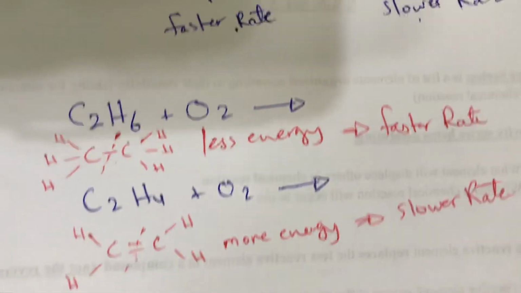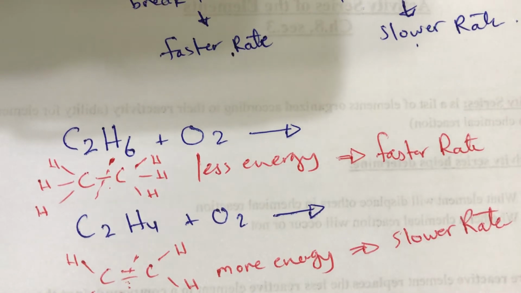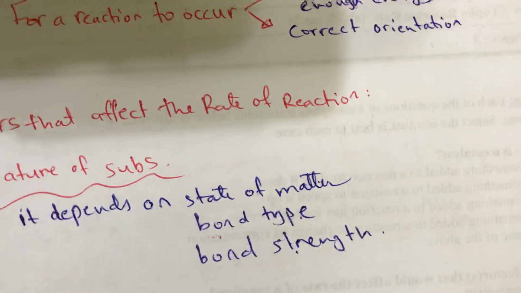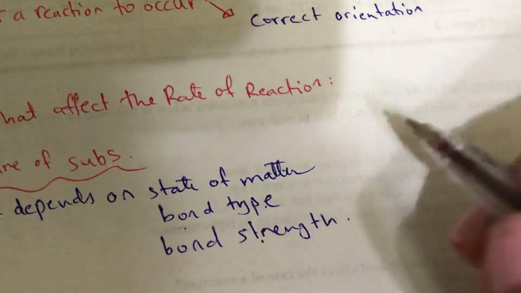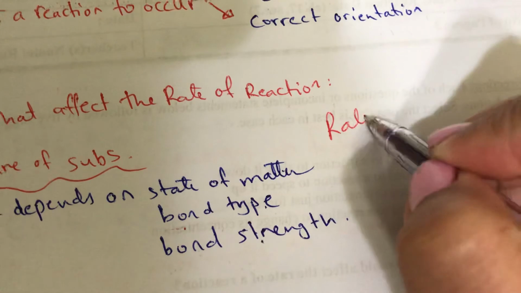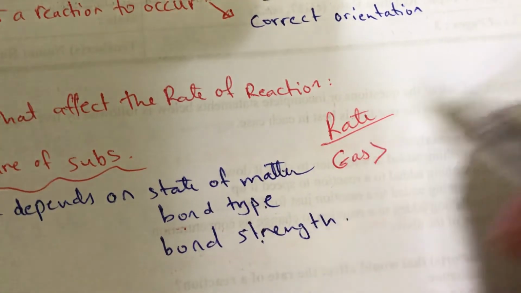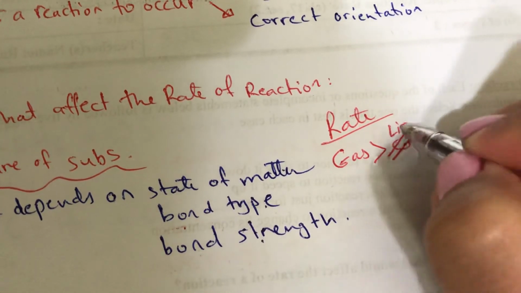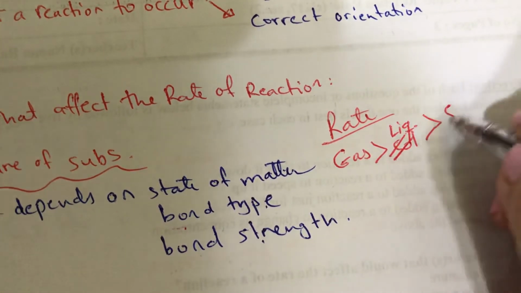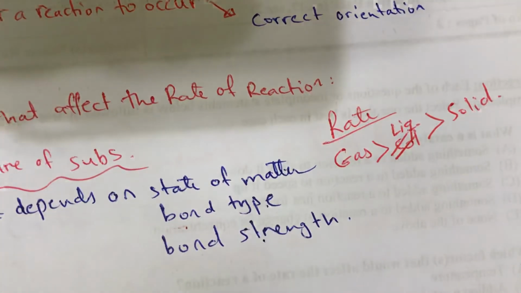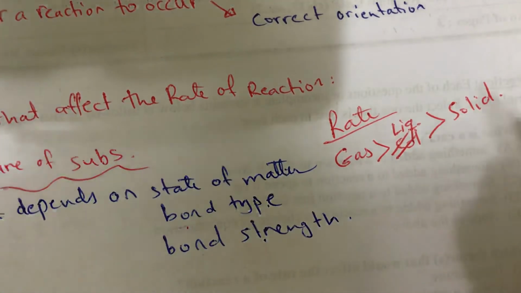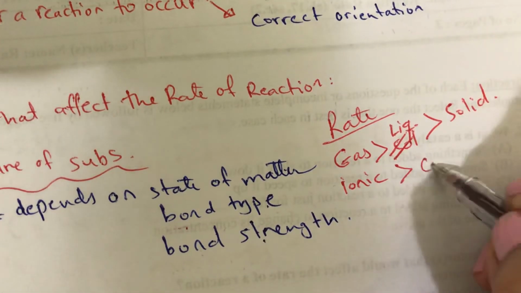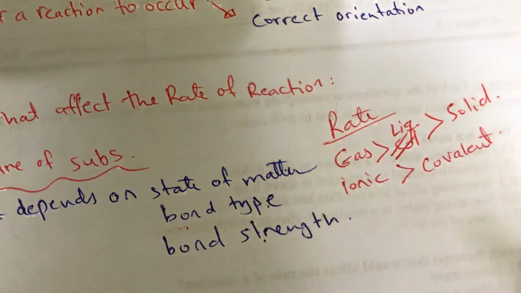So here, for the first condition, nature of substance, it depends on the state of matter. So the rate of gas is greater than liquid, and liquid greater than solid. According to bond type, the rate of ionic bond is greater than the rate of covalent bond.